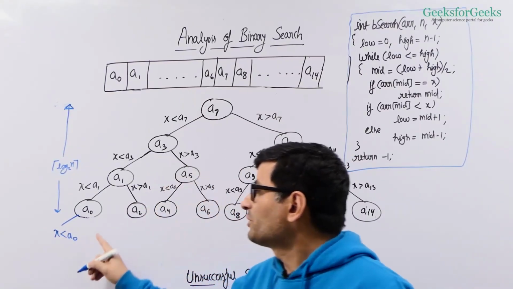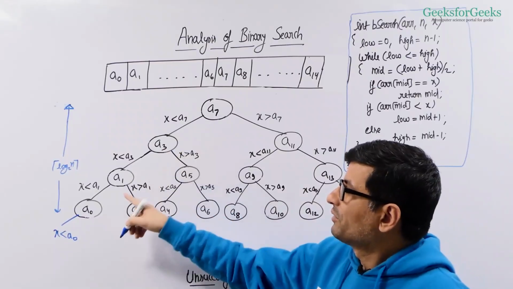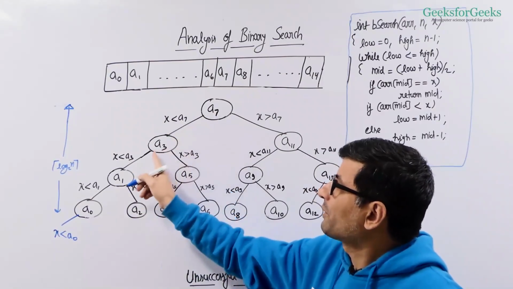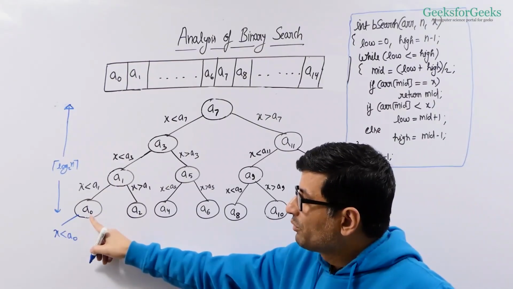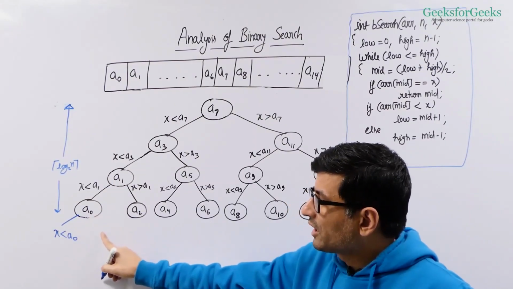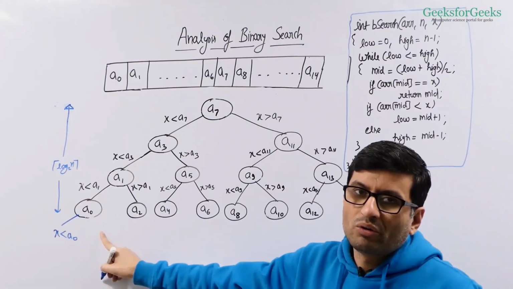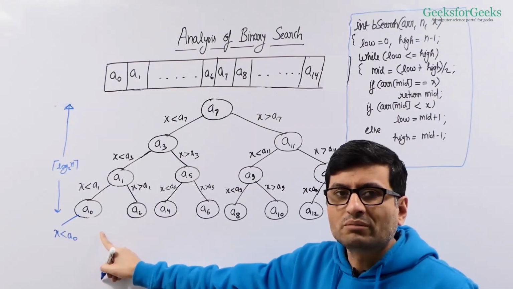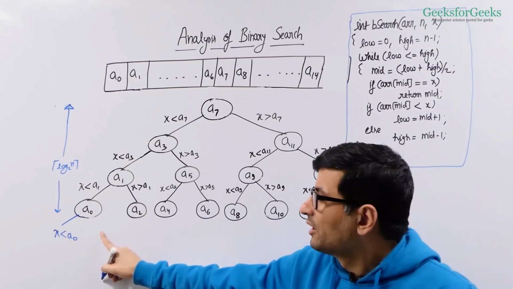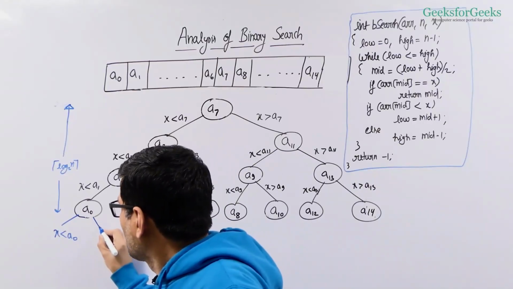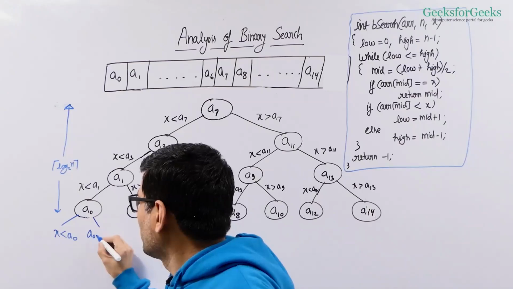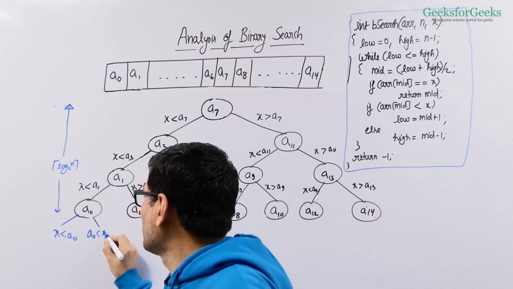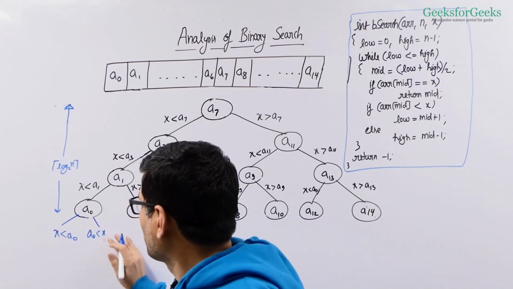What about the elements which are greater than A0 and smaller than A1? We'll follow this path. We'll come here because it's smaller than A1. Then we'll come here and then we'll go to the right side. When we go to the right side, we'll change the low and then low will become greater than high, right? So this is where all our unsuccessful searches will end, which are greater than A0 and smaller than A1.